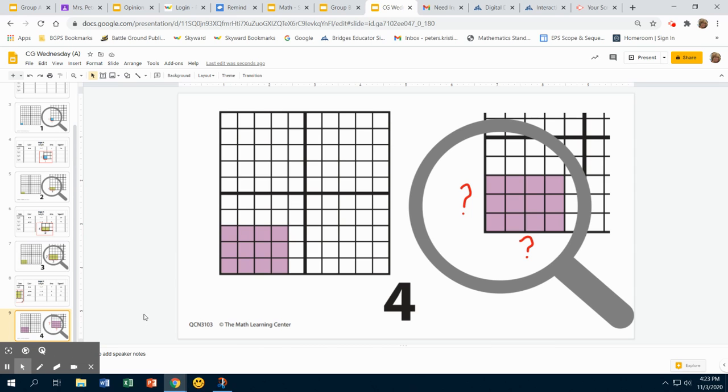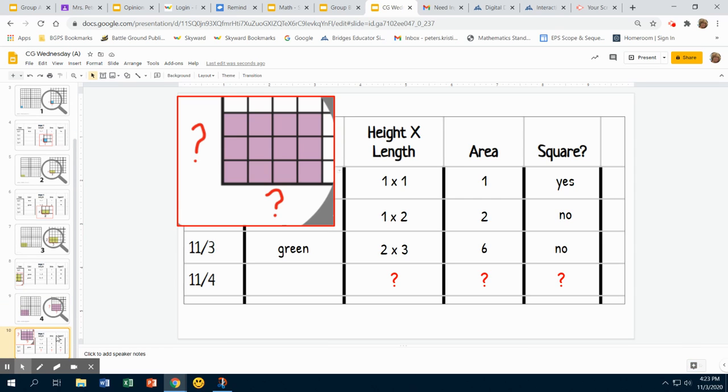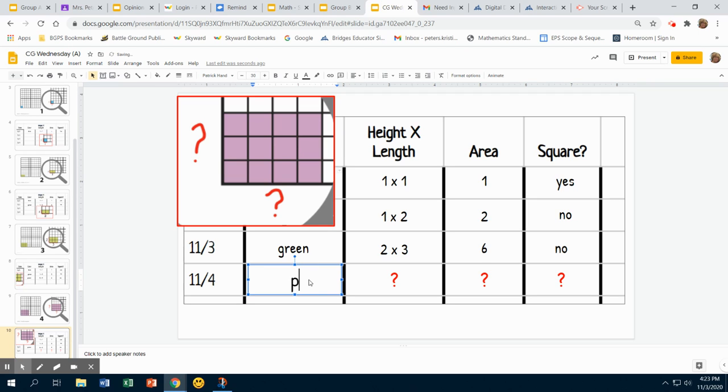Let's do some recording together. There it is. So the color was purple. When I look at that, I see that it is 3 high, and I see that it is 4 across. So I could count on 1, 2, 3, 4.